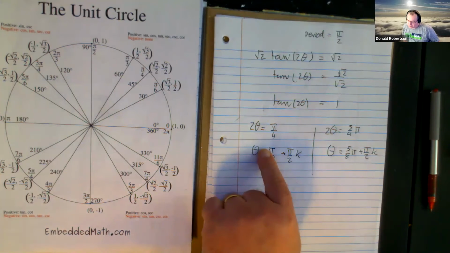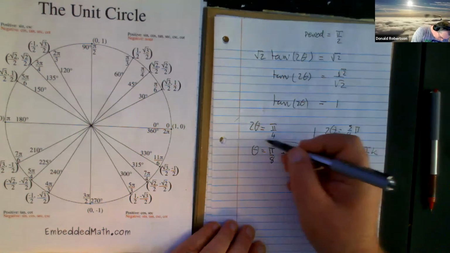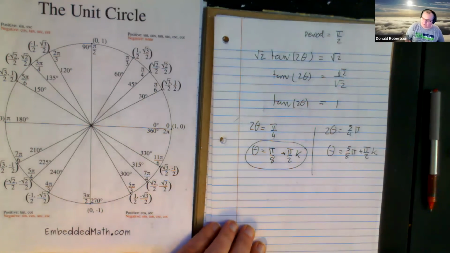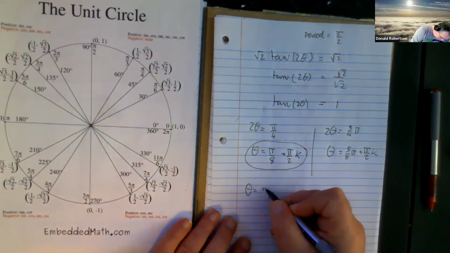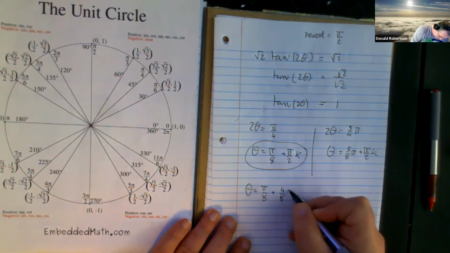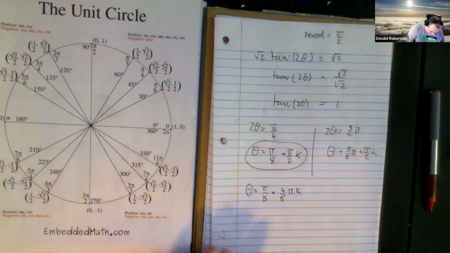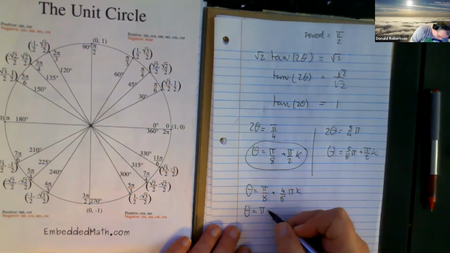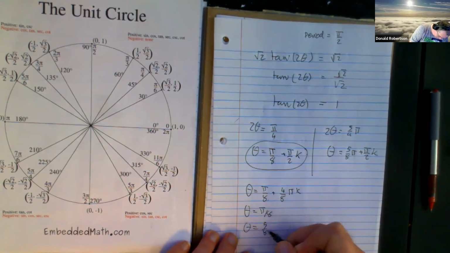Right. That solution, now that one. Now I'm going to convince you, I hope, that that one contains all of these. If you write it down as pi over 8 plus 4/8 pi k, what do you get? Well, the first answer you get is pi over 8. The next one you get is 5/8 pi.